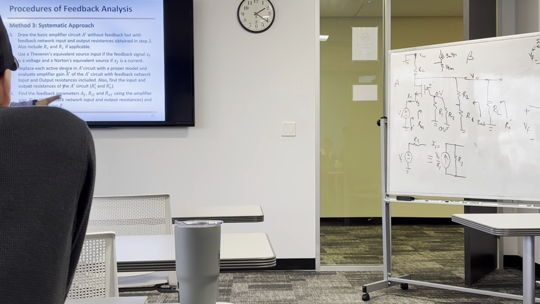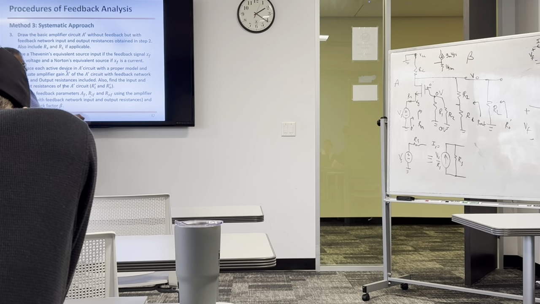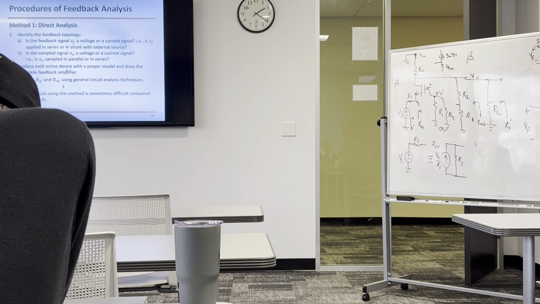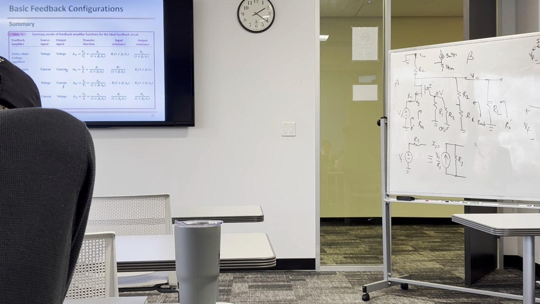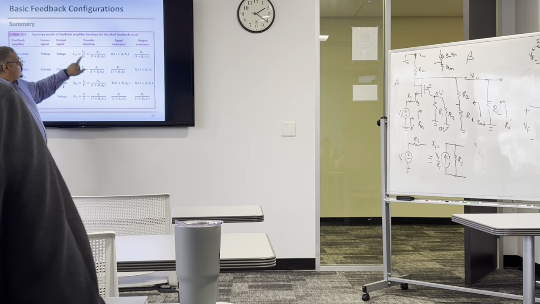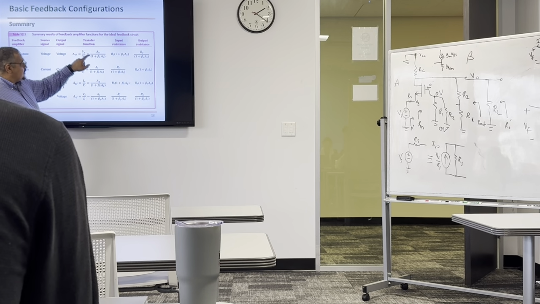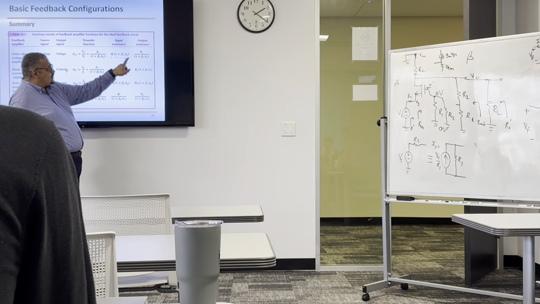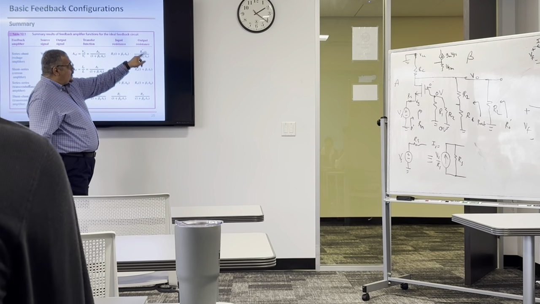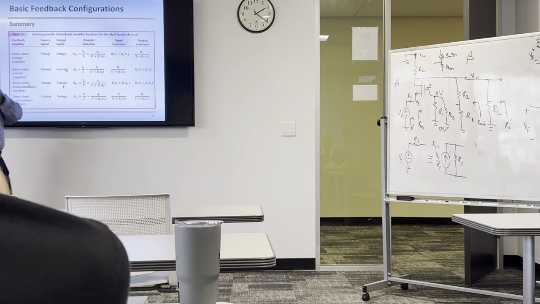Then you find AF, RinF, RoutF from this table. Because you know beta, you know the gain now, which is A prime. So you find A feedback using this, Rin with feedback, Rout with feedback using this, and so on.